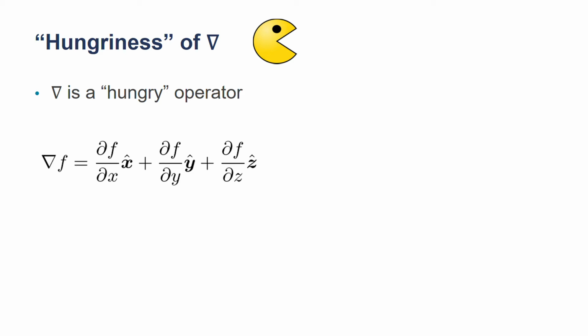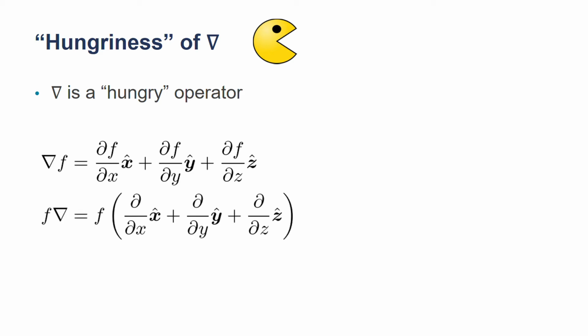But if we were to consider the opposite order, f del, we would get something different. f still needs to be distributed amongst the three terms in parentheses, but these derivatives are still hungry, so to speak, to act on something here. So del f is not the same thing as f del, and we need to add something after for the derivatives to act on. And this property is useful for deriving some vector operations involving the del operator.